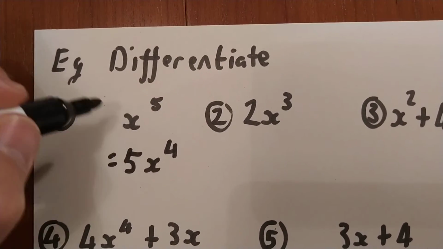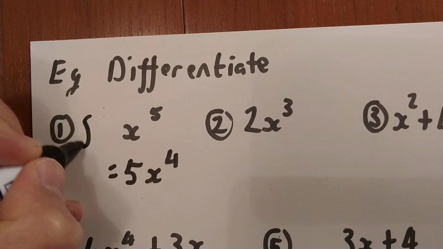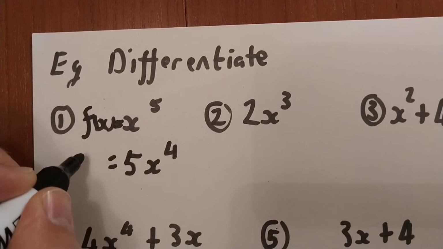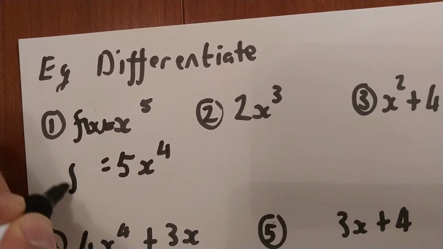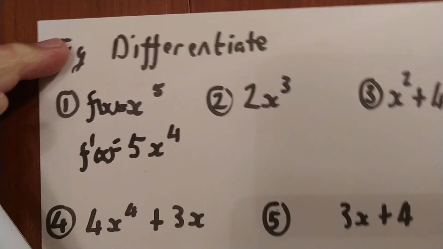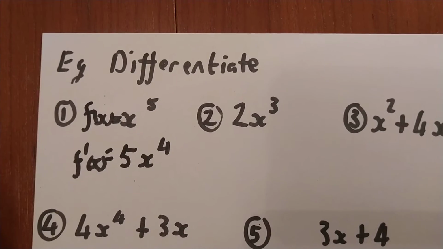So, whether or not the question says f of x equals, you do always put f dashed x or dy by dx. But for just now, f dashed x equals the derivative equals.